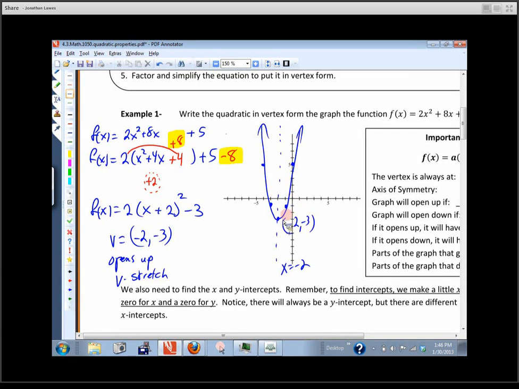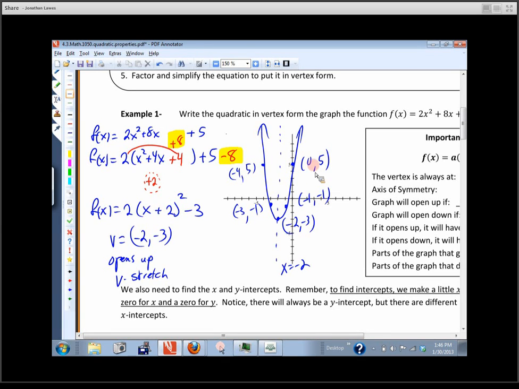This one right here would be -1, -1. This one is 0, 5. This one right here would have the same y coordinate, so this is going to be 5. This is going to be -1. And this one's going to be -3, and that's going to be -4. Okay. Any questions there?